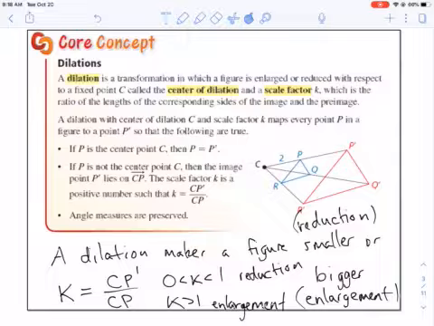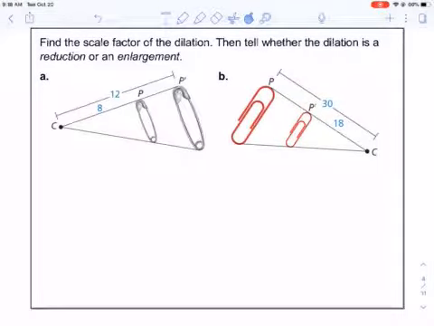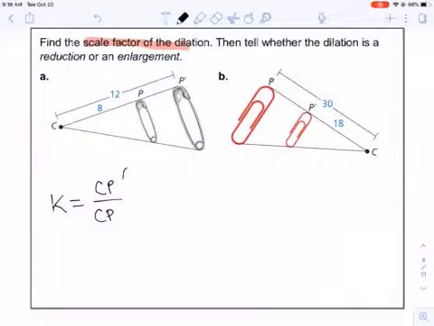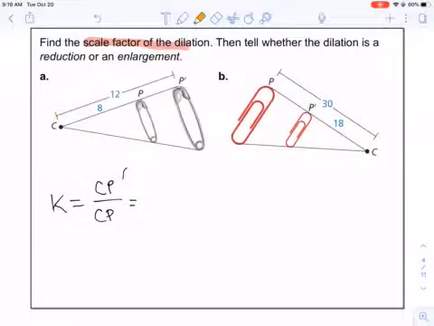All right, so our first example: find the scale factor of the dilation. So we're finding K. Well, K equals CP prime over CP. If we look at this picture here, it looks like CP prime is 12.